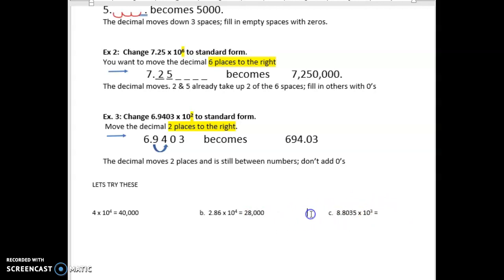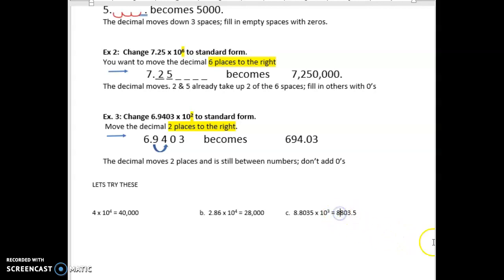And then if I had this long decimal, 8.8035, and I need to just move the decimal place 3 spots to the right, my original decimal was between the 8 and the 8, and I had to move it 1, 2, 3 times to the right.